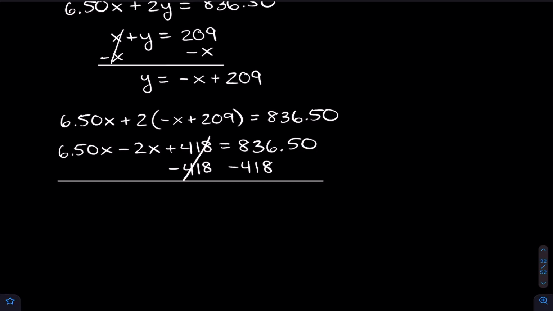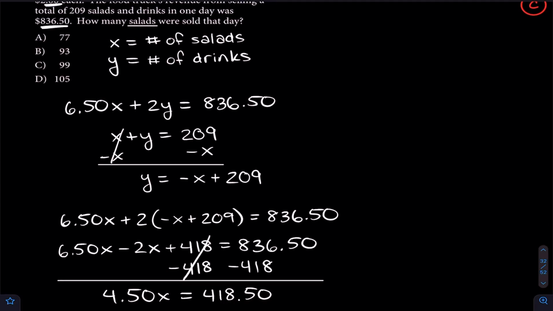On the left-hand side, since I don't have that 418 anymore, all I have left is the 6.50x minus 2x, and that's going to be 4.50x. And I know that that is equal to 836.50 minus 418, which you can do in your calculator if you want. You might also see right away that that's 418.50. So it's up to you if you want to use your calculator for some of this.